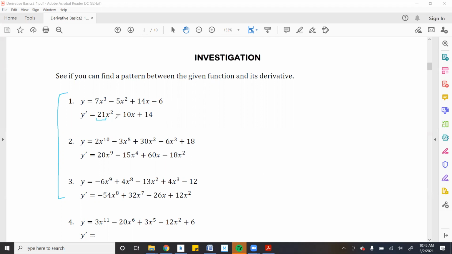And then check with the negative 10. You know, you can maybe ask yourself that, like, where could the negative 10 have come from? So I'll let you pause and do that on your own. And once you've kind of got a pattern, we're going to try the 4th one where you have to come up with the derivative yourself.